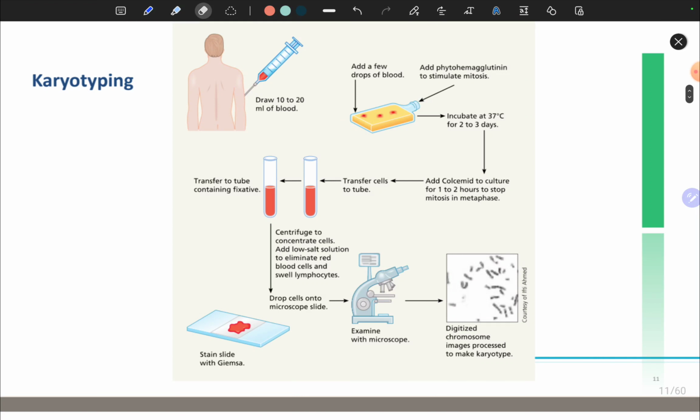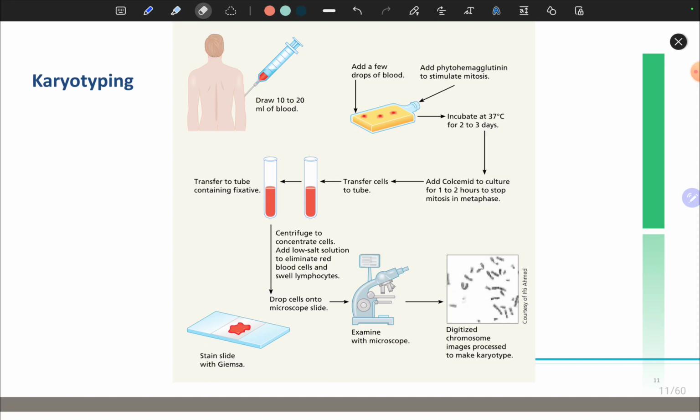This is drawing 10 to 20 ml of blood. Other samples can be used. So somatic cells, you grow them in a tissue culture like this. Then this is some material to enhance the growth.